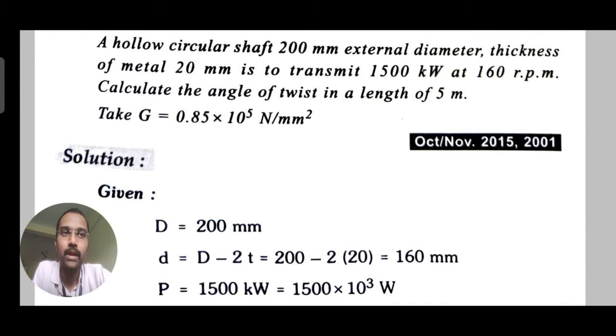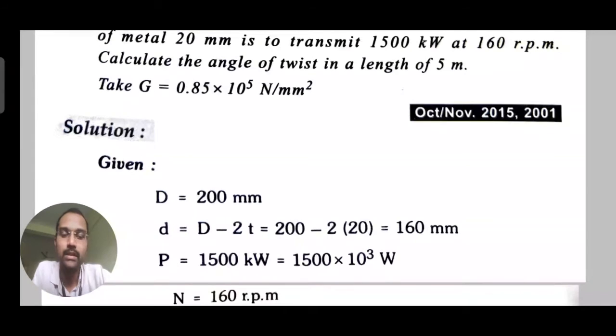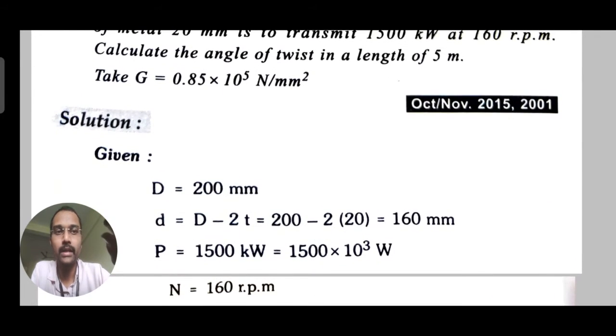Thickness is mentioned instead of the internal diameter. So how to get small d? Small d equal to the outer diameter minus 2 times the thickness. If it is round, you see how the hollow section will look. There will be thickness at the top, which should be subtracted, and at the bottom also there will be thickness.